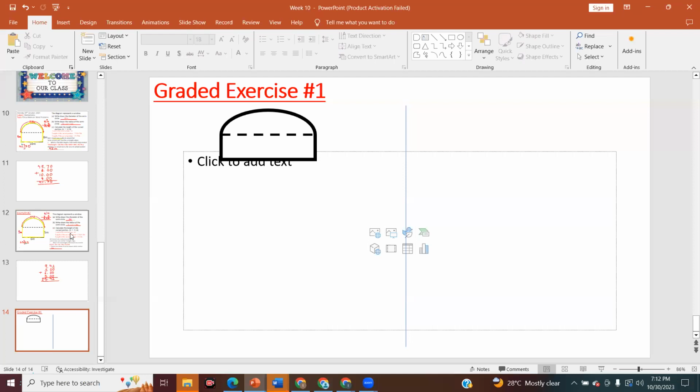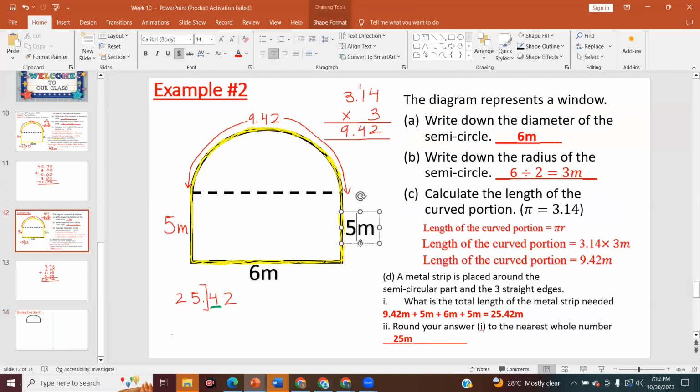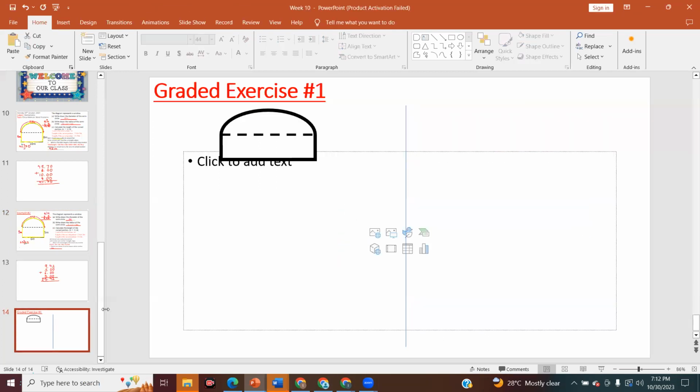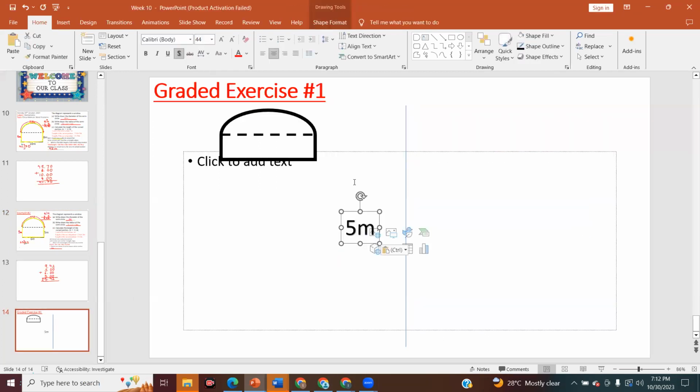Let's say that this side is... this side is... See, that's a small window.